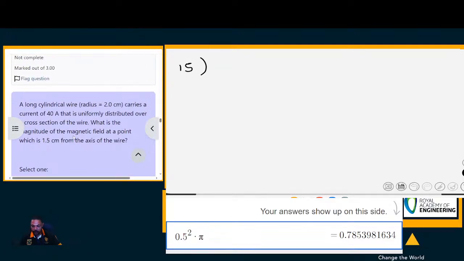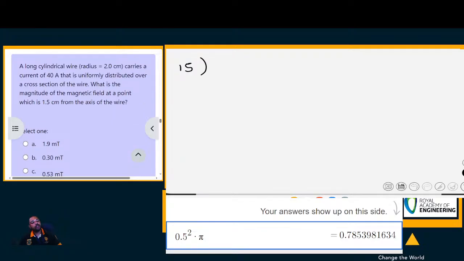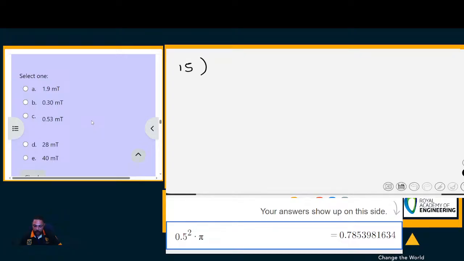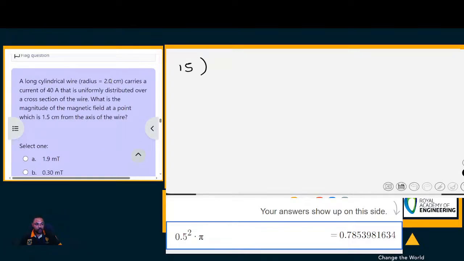Now 15, second to last question. A long cylindrical wire of radius 2 centimeters carries a current of 40 amperes that is uniformly distributed over the cross section of the wire. What is the magnitude of the magnetic field at a point which is 1.5 centimeters from the axis of the wire? So the radius of the wire is 2 centimeters, or 0.02 meters.